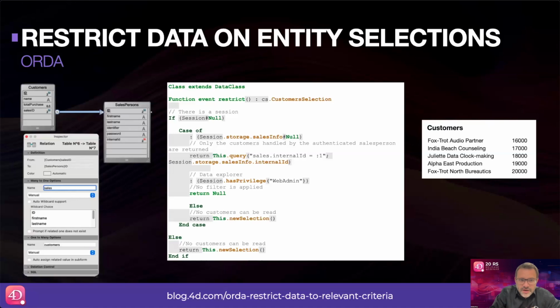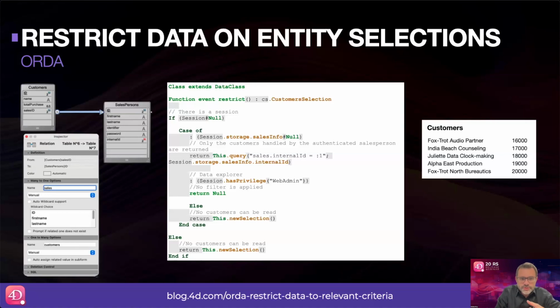4D 19R8 introduced a robust permission system, granting you granular control over user access to your data. This system protects your data depending on who accesses it and which data is accessed, ensuring data security by restricting unauthorized access. So, but what if you wanted to further refine read access based on specific criteria?